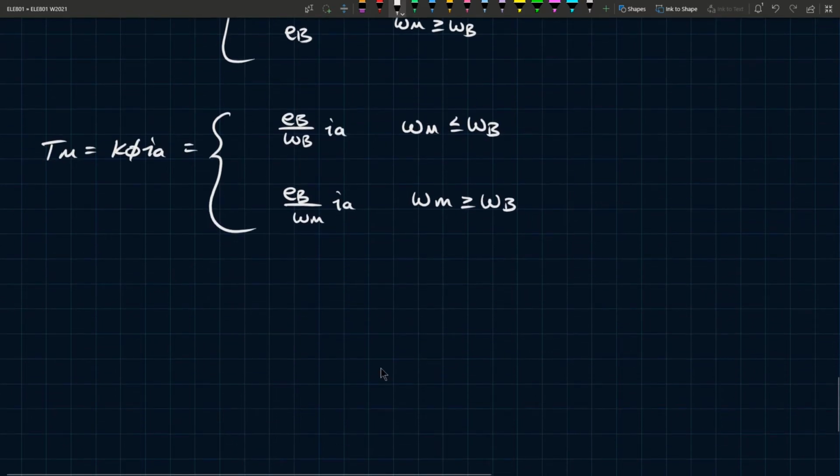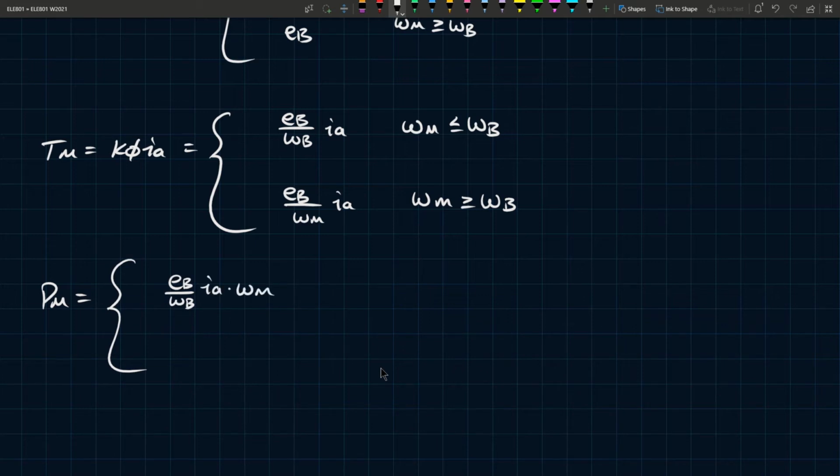Okay, so the shaft power, as an extension of this, and what we're doing in this video is we're tying all these concepts together. So the shaft power is EB Ia over omega m, right? So this is EB over omega b times Ia, and then times the speed, which is omega m. In the other videos we saw it was usually force times speed, but it's the same thing as saying the torque times the angular velocity.